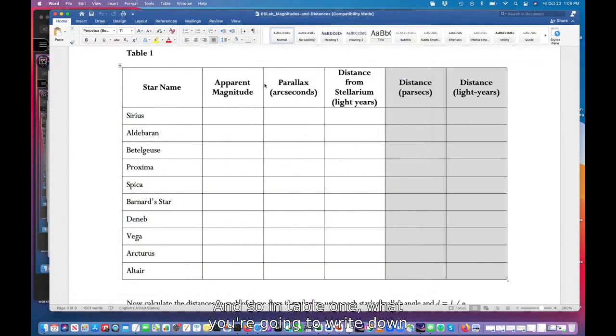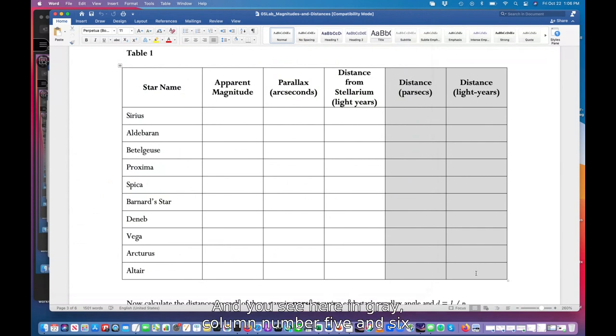So in table 1, what you're going to write down is what astronomers can observe: apparent magnitude and parallax. You can write down the distance from Stellarium in light years, but you will not use this information. Okay, but it's good for you to know this information, so at least for this lab, you know you do it right.